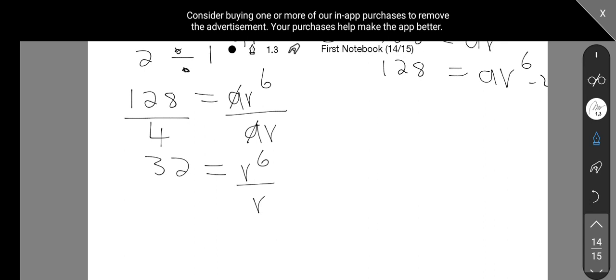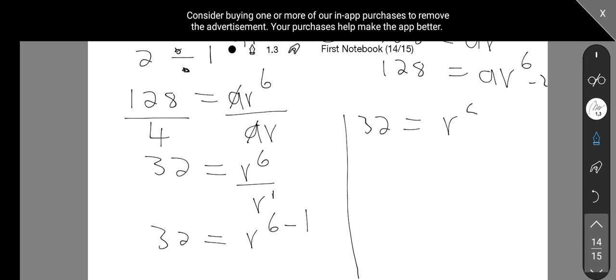Remember the law of exponents that says when you are dividing the same bases, you keep the base and you subtract the exponents. This is the same as r to the power of 1. So 32 is equal to r to the power of 6 minus 1. That's what we mean when you say you keep the base, that is r, and you subtract the exponents. This means that 32 is equal to r to the power of 5.